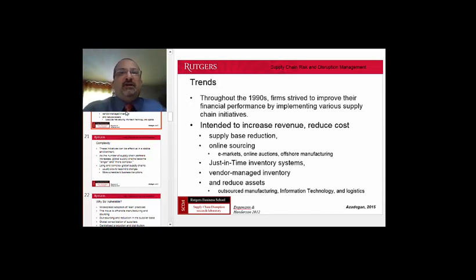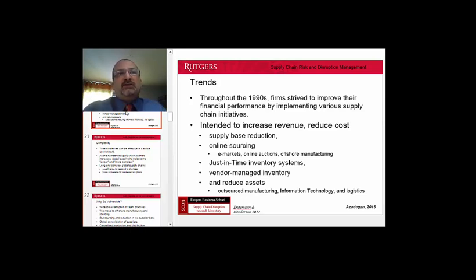Basically, different companies and businesses have opted to strive to improve their financial performance in many ways by probably cutting back on some of the buffers throughout the supply chain. The implementations and practices were generally intended to increase revenue and reduce cost, and we have been very successful at that.